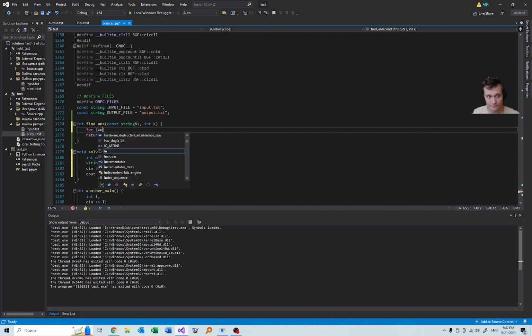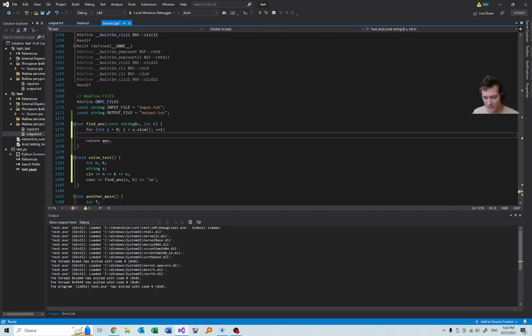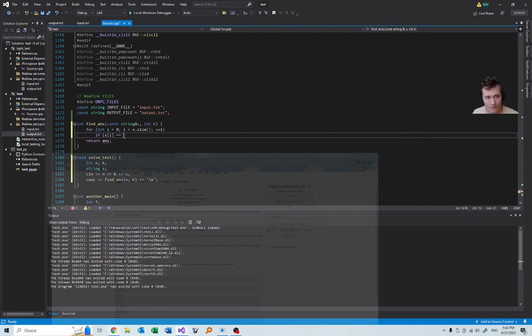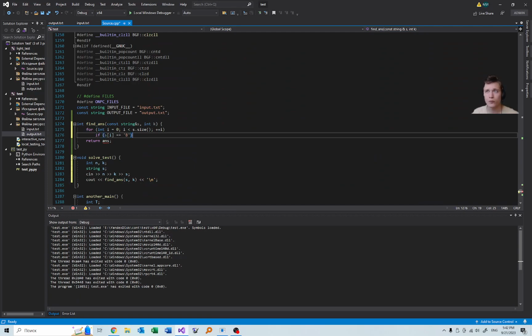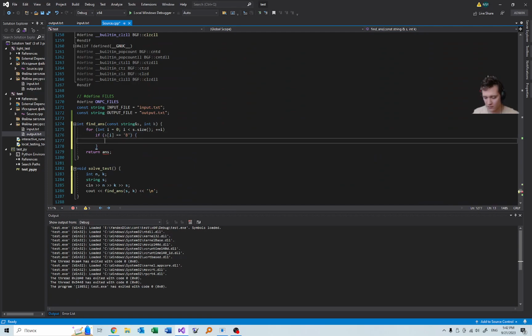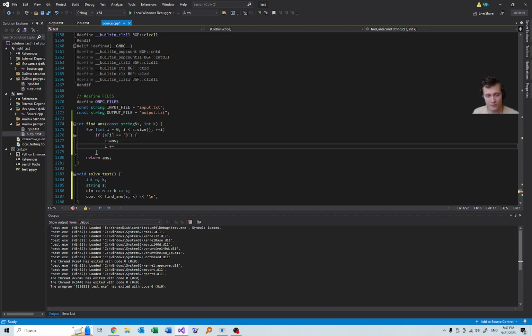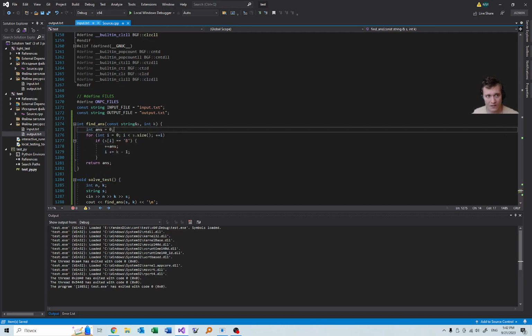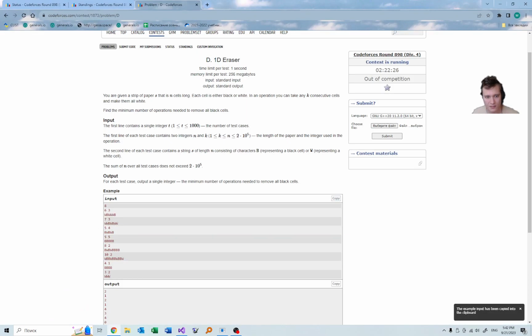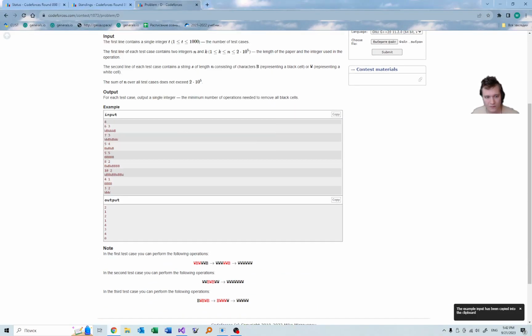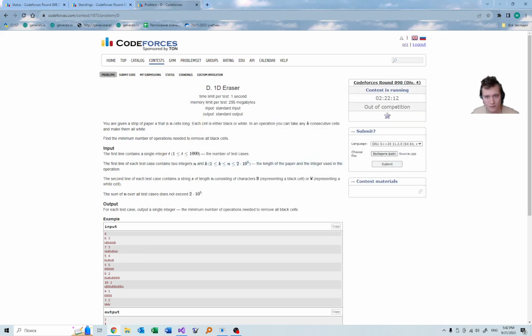We go through all the elements. And we say here that if Si equals black, then we say something like plus plus ans and i plus equals k minus 1. Great. To test that, nice problem.